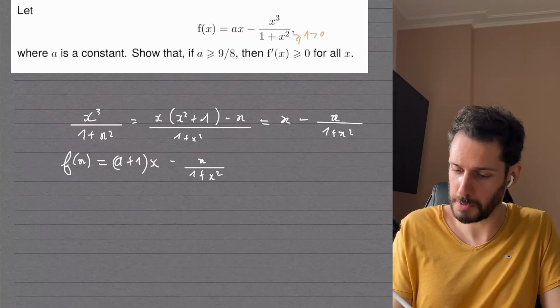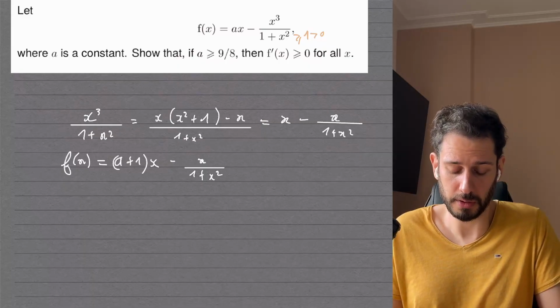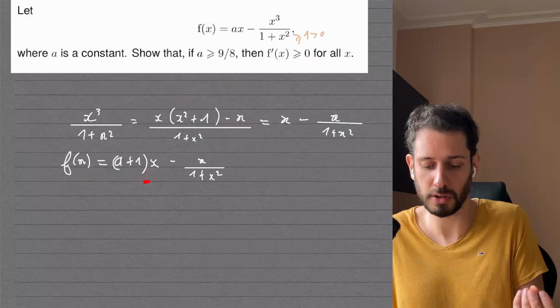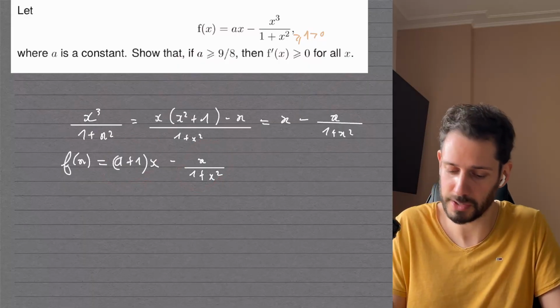So let's do now the differentiation. We can say that f is a differentiable function. There's no issue. This is a degree 1 polynomial, and this is just a fraction of functions that are differentiable, so that's easy enough.